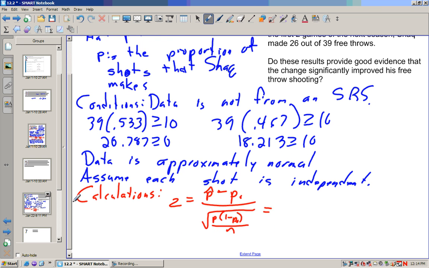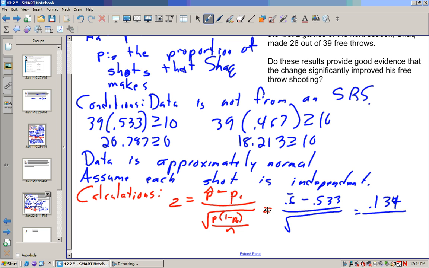I don't think we even figured that out yet. 26 out of 39 gives us 0.6 repeating. We're going to subtract from that 0.533. We're going to divide that by the square root. I already did this. So that's 0.1336. So let's do just 0.134.